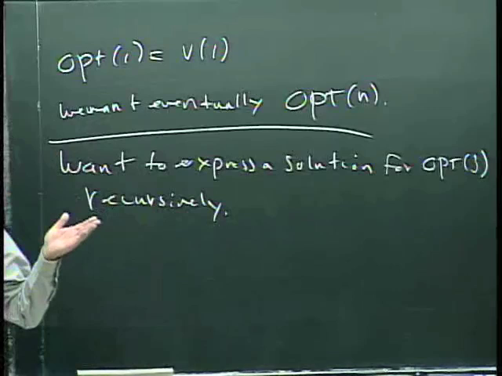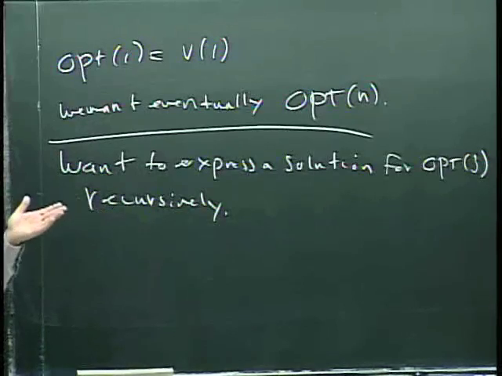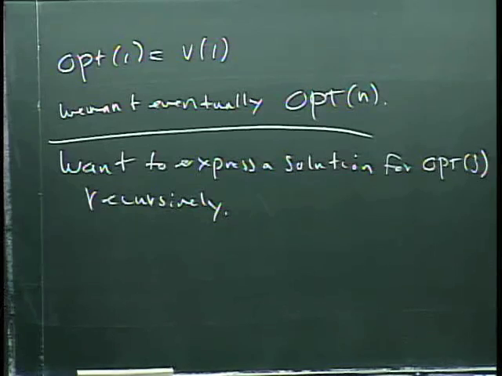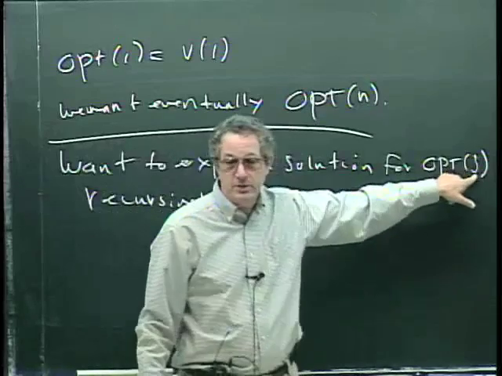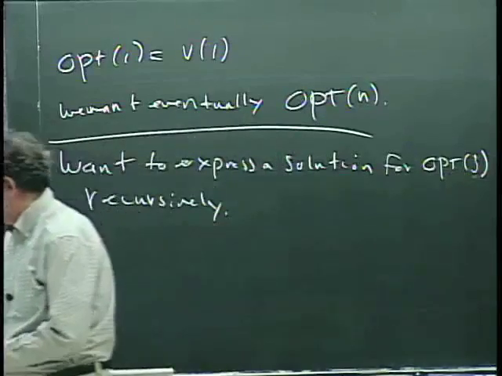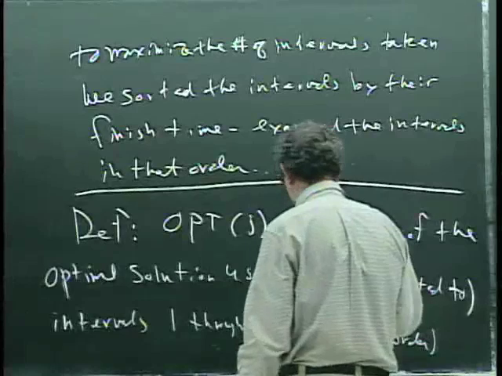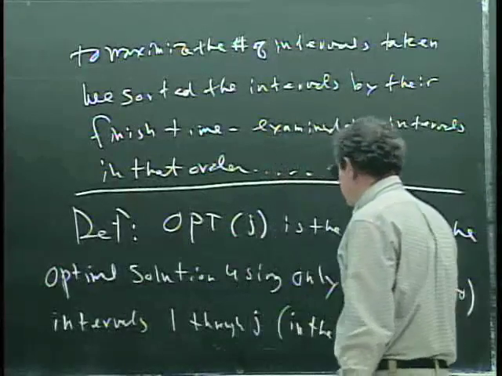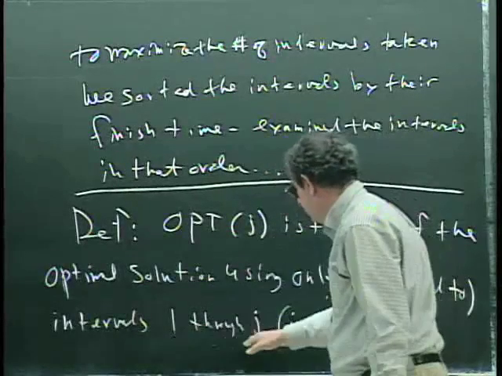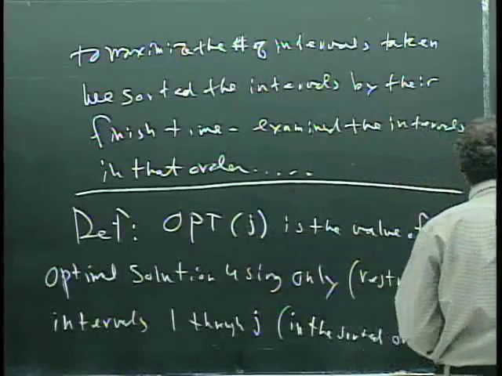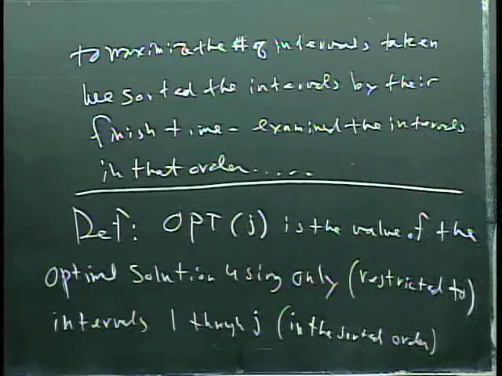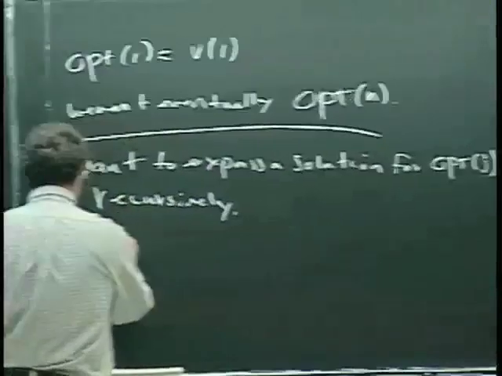It means saying something about what opt of j is in terms of opt values for subproblems. Well, what are the natural subproblems? Those are the problems where the value here is less than j, because our definition goes from 1 through j. So it's going left to right in terms of the endpoints of the intervals. We want to express a solution for opt j recursively.